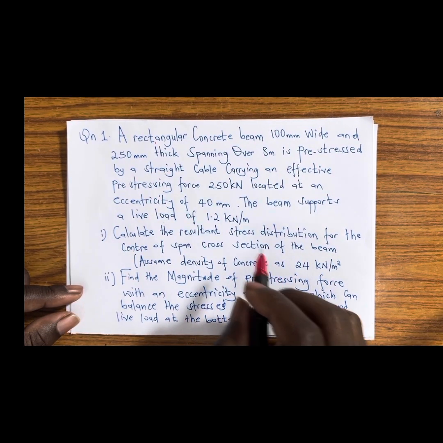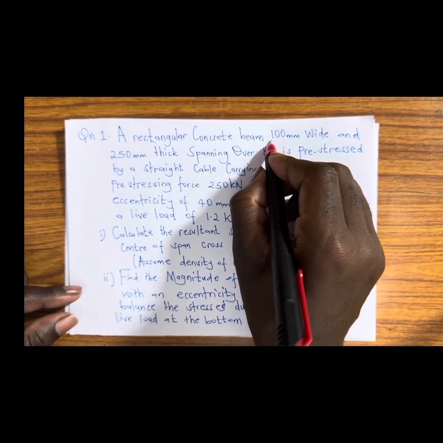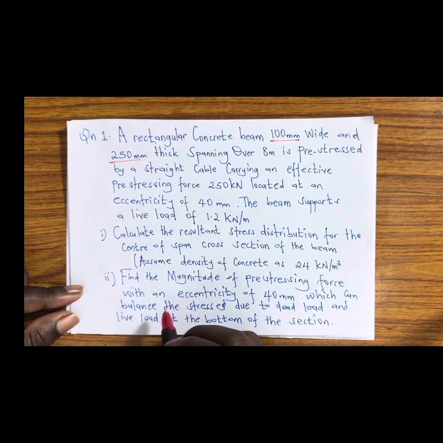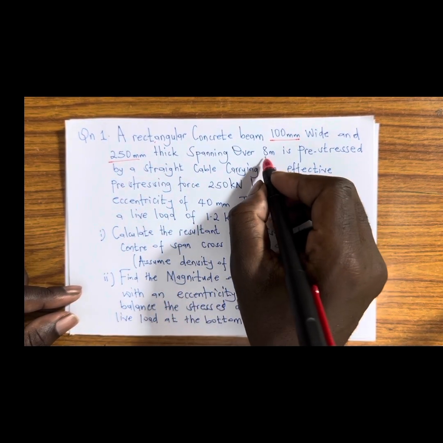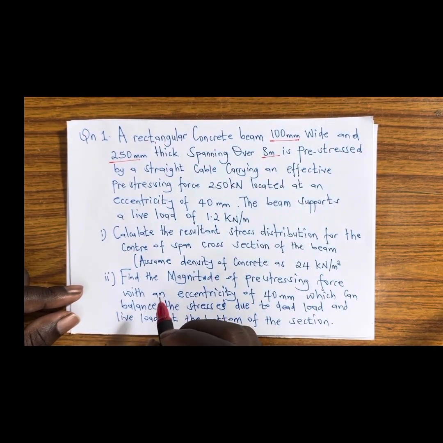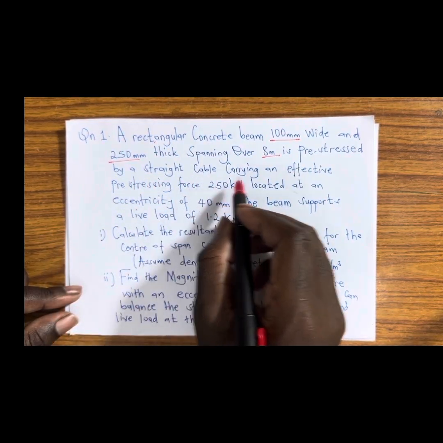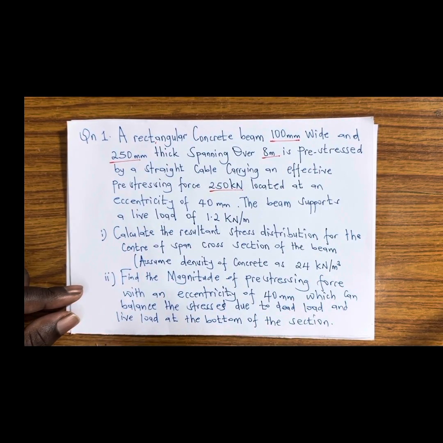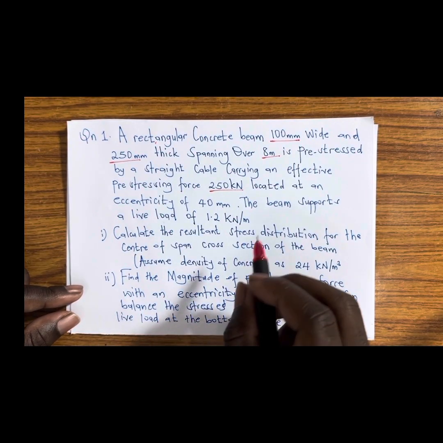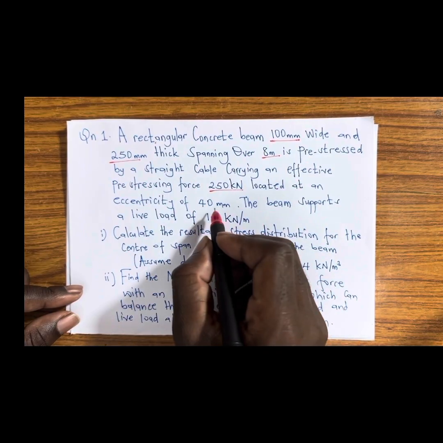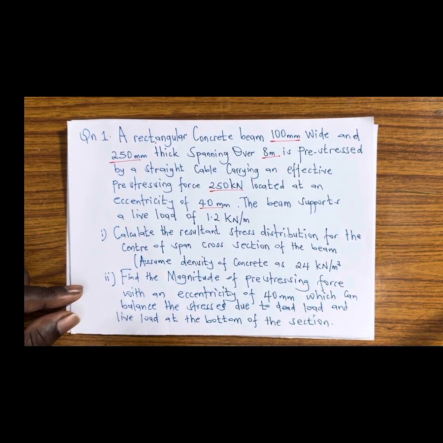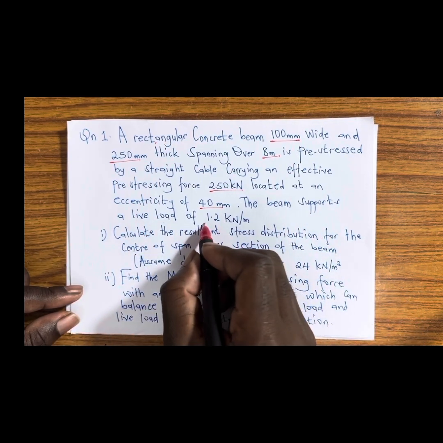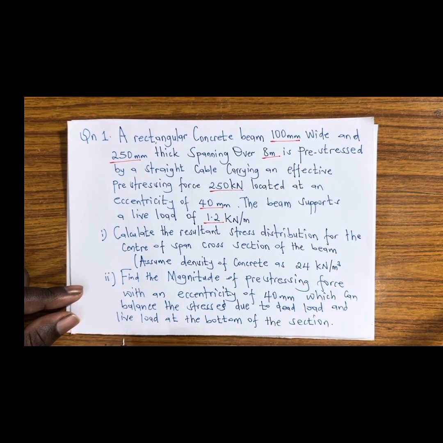The question says, a rectangular concrete beam of 100 mm wide and 250 mm thick, spanning over 8 meter, is pre-stressed by a straight cable carrying an effective pre-stressing force P. Let's say it is 250 kilonewton, and it's located at an eccentricity E of 40 millimeter. Now the beam supports a live load of 1.2 kilonewton per meter.